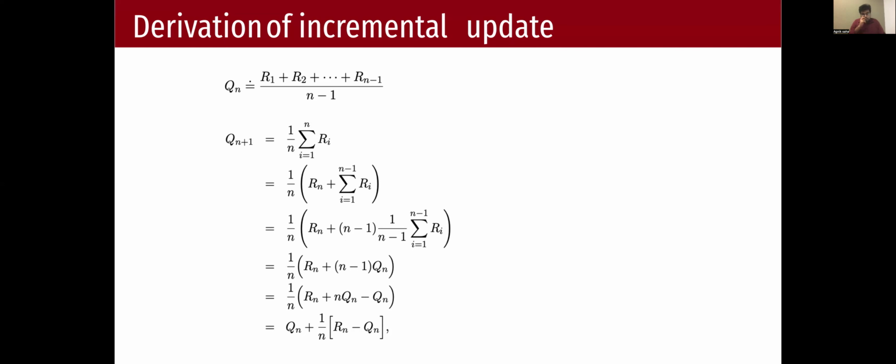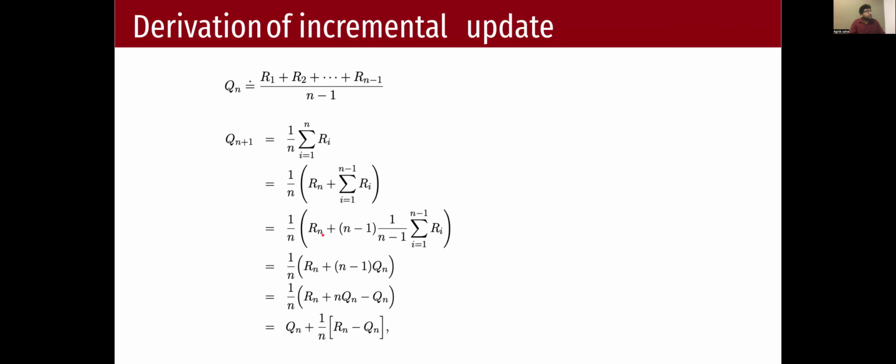So Qn plus 1 equals 1 by n times the summation of all the rewards in each observation. Then you take the last reward Rn, and here you just take n minus 1, simple math.